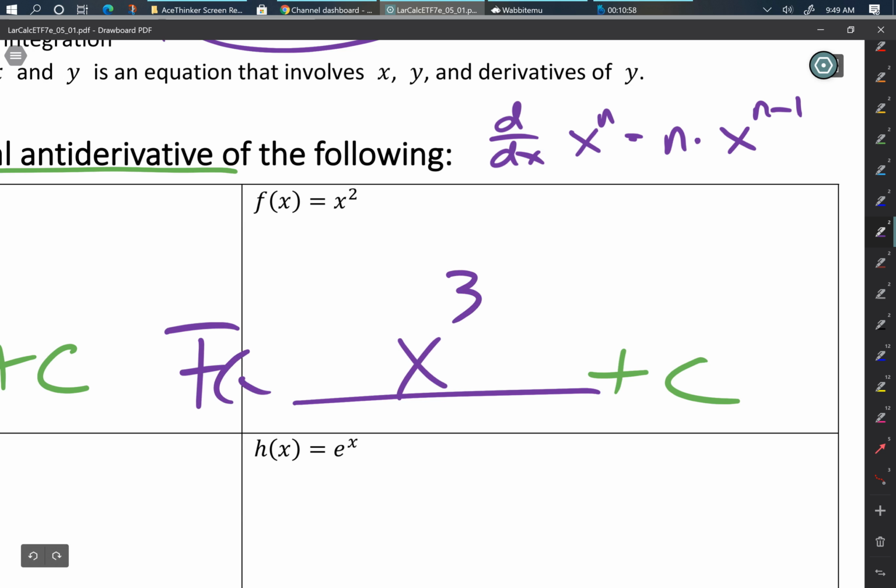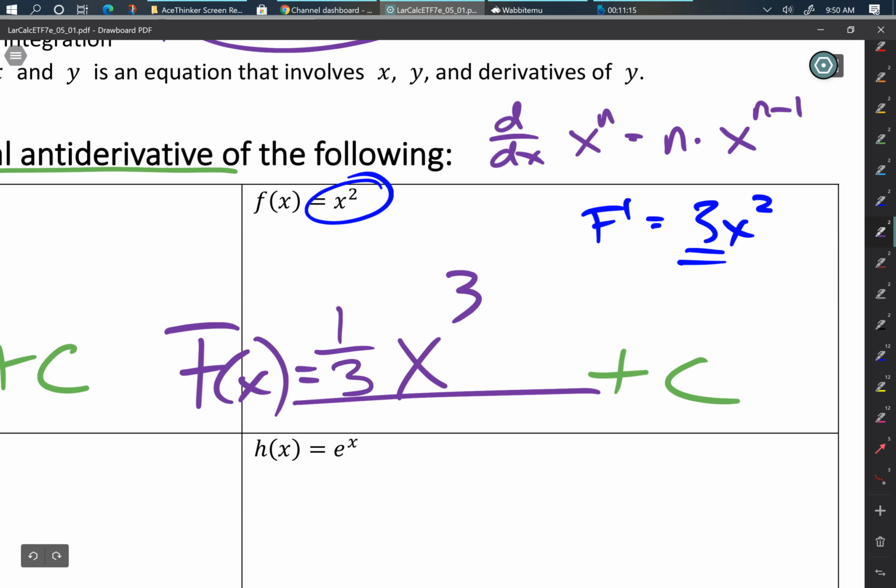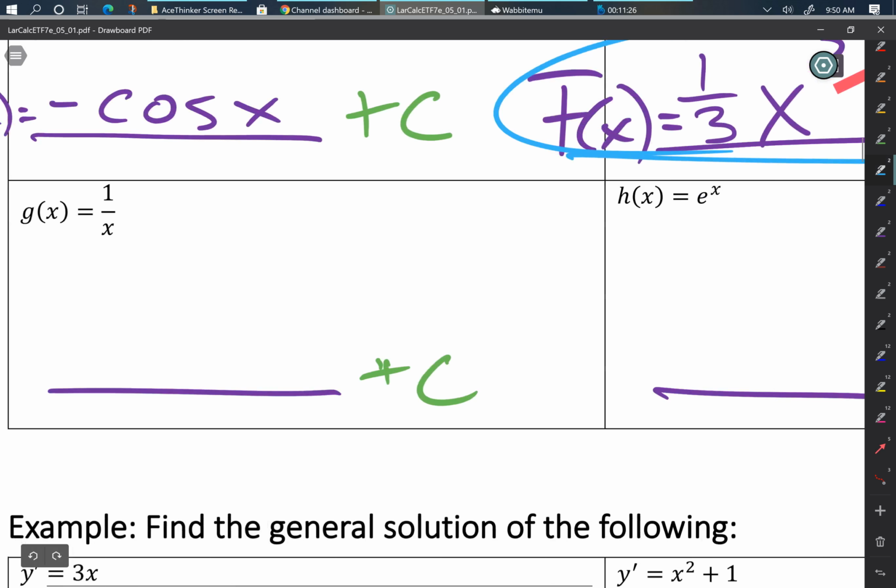And so I'm going to check and see if that's right. Is F of x equal x cubed plus C? If I take the derivative, big F prime, I'm going to get 3x squared. And what I really want is just x squared. So I've got this 3 there that shouldn't be there. So I'm going to fix that by putting in a 1/3, so that when I take the derivative, that 1/3 cancels out with that 3. And now I've found my general antiderivative.